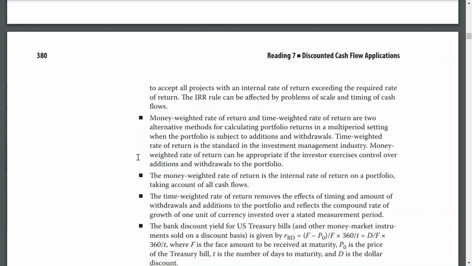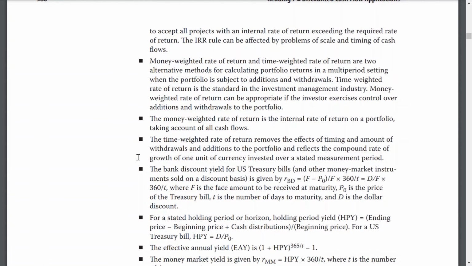Money-weighted rate of return and time-weighted rate of return are two alternative methods for calculating portfolio returns in multi-period settings when the portfolio is subject to additions and withdrawals. Time-weighted rate of return is the standard in the investment management industry. Money-weighted rate of return can be appropriate if the investor exercises control over additions and withdrawals to the portfolio.